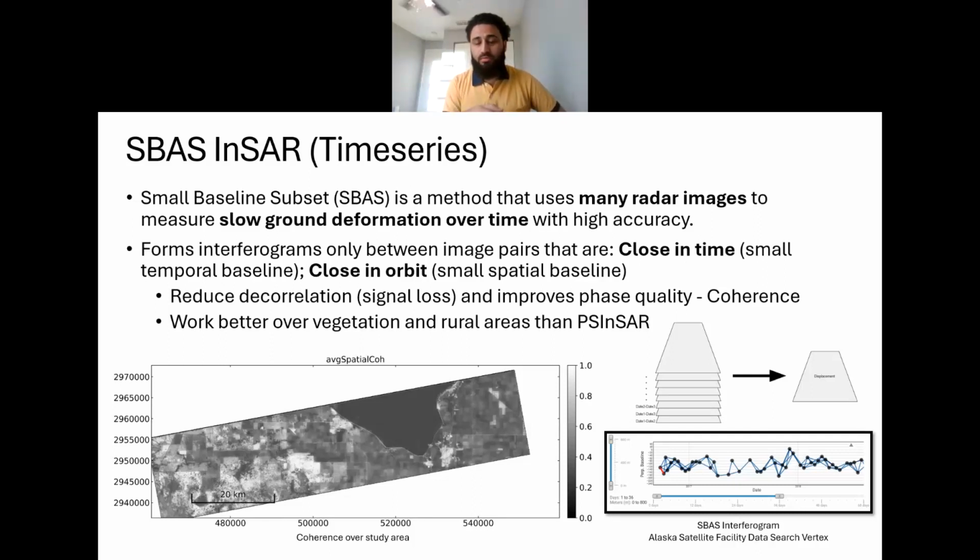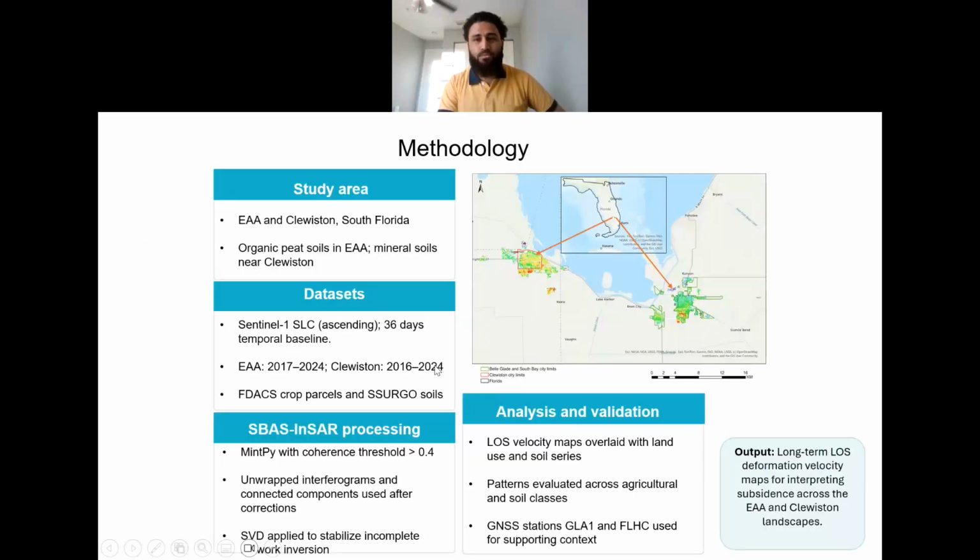So we need the signal to penetrate the vegetation onto the ground. Then we can measure the ground. If the coherence is low, this data is not useful. As you can see in the later slides, I used Sentinel data in this region and checked two different areas. This is the organic soils, and this is a normal area where land subsidence is happening, maybe because of groundwater extraction or some other reasons.